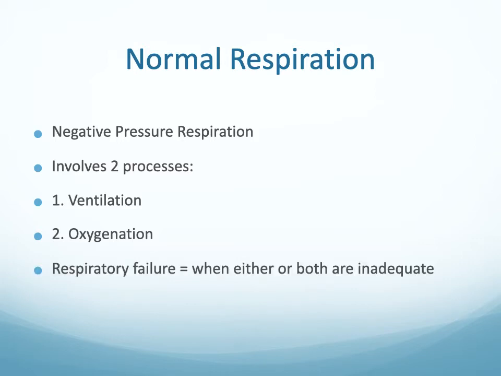You'll get respiratory failure when either ventilation or oxygenation is inadequate, and also remember with our tick paralysis patients, particularly with dogs with severe respiratory distress, they have usually already aspirated, so those patients have a failure of ventilation as well as a failure of oxygenation.